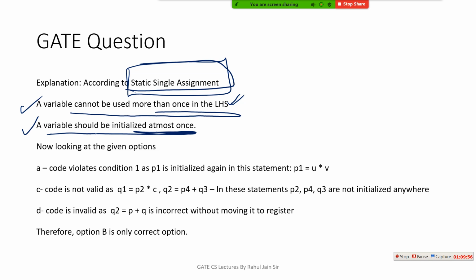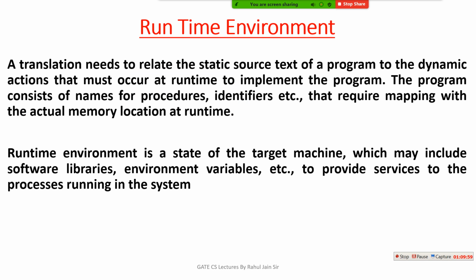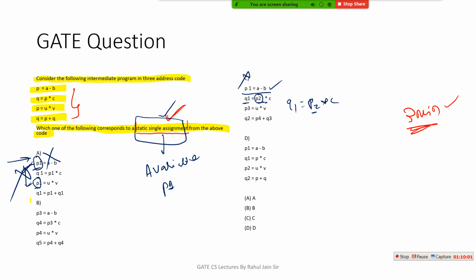But if you focus here, we didn't declare P2, and we are using P2 in Q1, that Q1 equals P2 into C. So what is the value of P2? P2 is the variable we are using without declaring it. So at least it should be declared at most once. That is why option C is also incorrect.